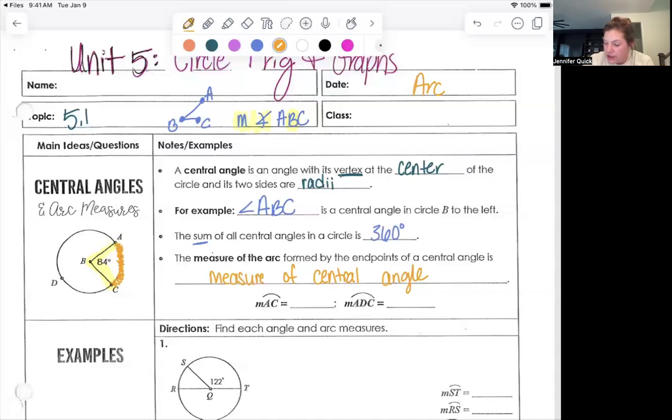So if I have an arc AC, you would put a little rainbow, a little arc symbol over the top of those letters. So that says the measure of the arc AC is equal to the measure of the angle ABC. Now, what is that in this case? It's going to be 84 degrees.